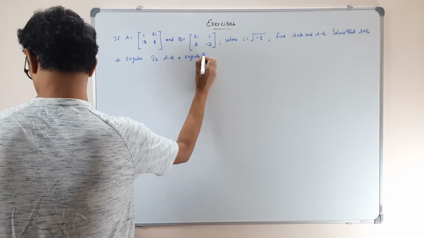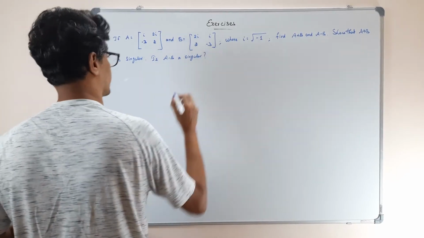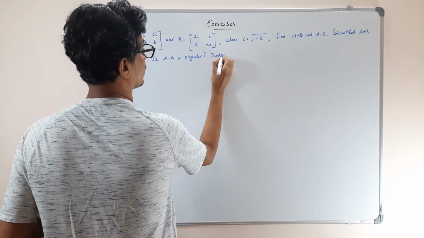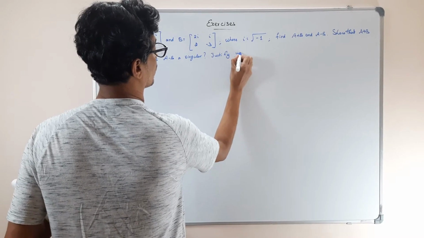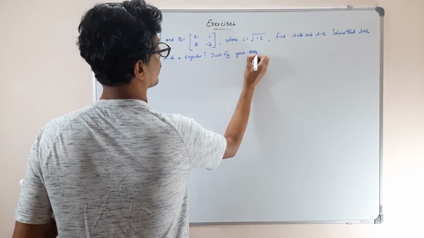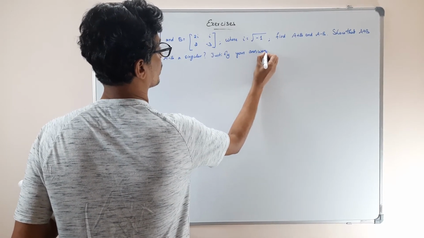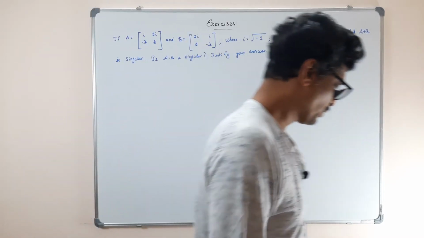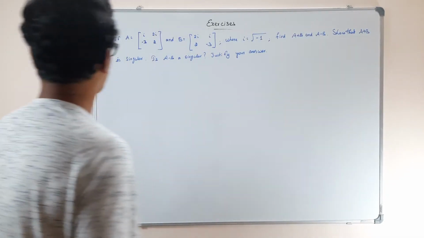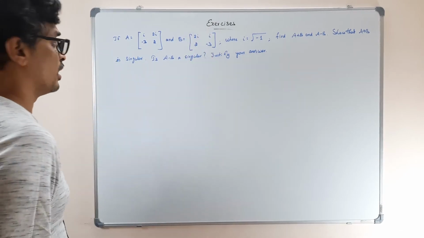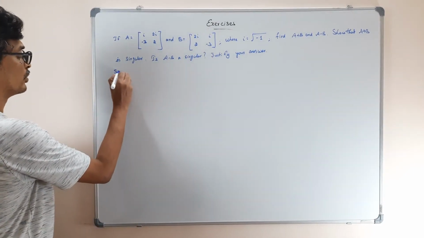Probably when you write it down, you will get an answer. Justify your answer. Okay? So let us do this problem. So we have to find out A plus B and A minus B. So let us find A plus B.